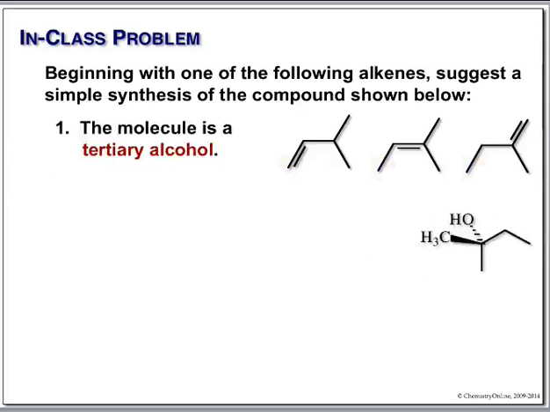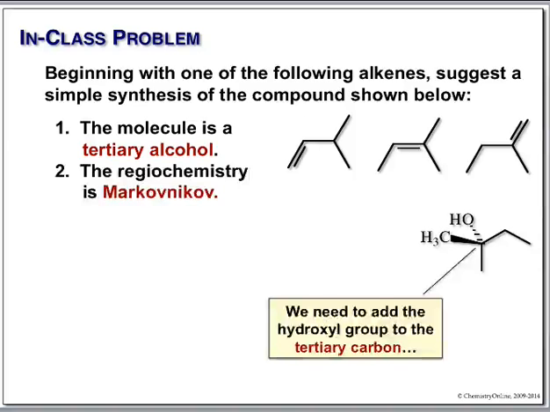And the OH group is attached to a tertiary center. That's the most stable carbocation. Correct? Therefore, we have simple Markovnikov regiochemistry. We're adding to our tertiary carbon.